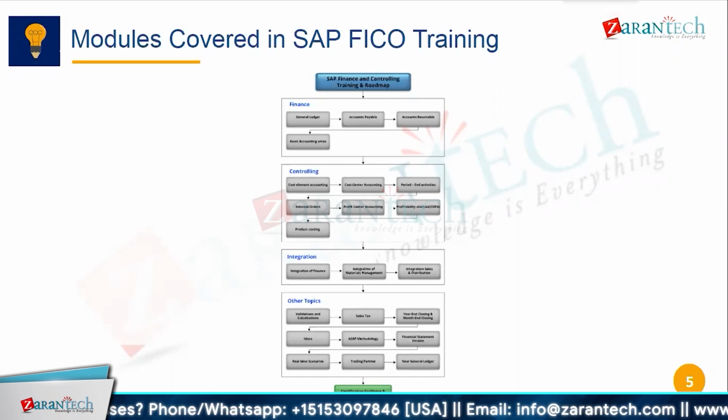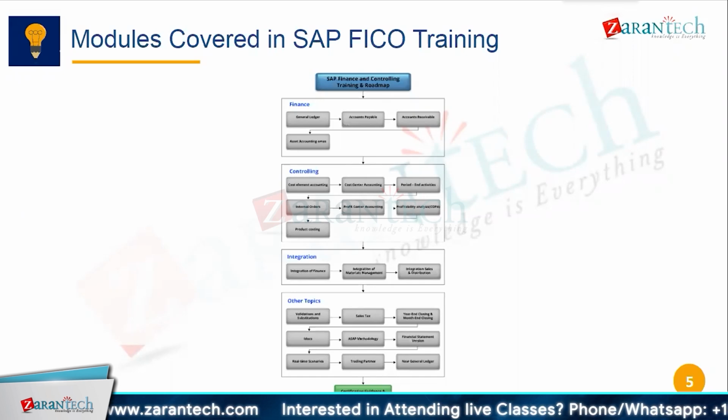Now, SAP is very integrated with other modules, other streams. So the third part of this course will take you through the integration of finance with material management and with sales and distribution. So there are three main areas: finance, controlling, and integration.